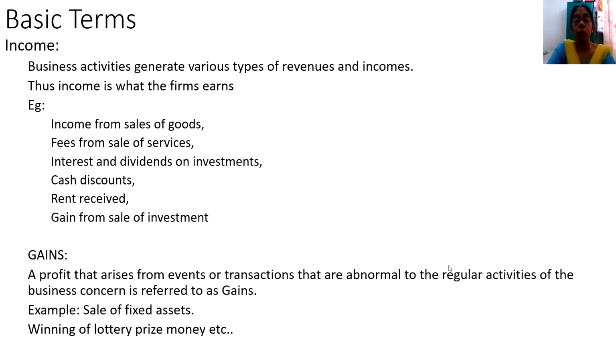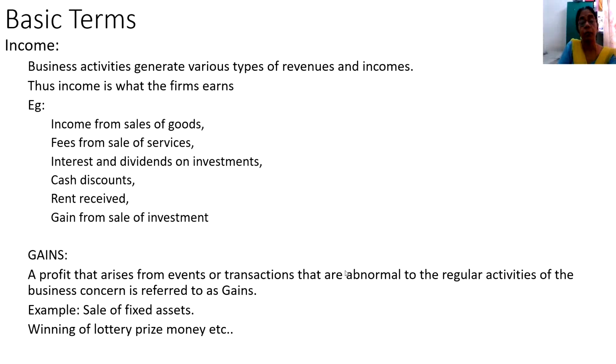Similarly, I had a huge building and that building was getting old. I had no intention of selling it, but now there is a compulsion that I need a new building for my workplace. So I intend to sell my old building. When I sold it, I received huge profits on account of that building sale. Every time I cannot expect to sell a building and make money. If I am doing that, then I become a real estate owner where I trade with buildings. You should understand that aspect.